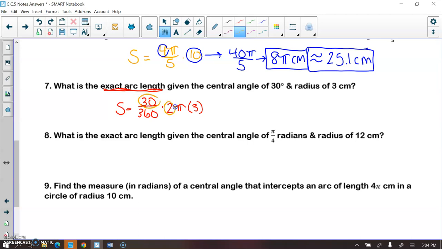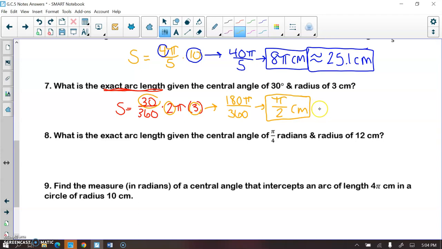Multiplying the 30 with the 2 and the 3, I get a 180 pi over 360, which both the numerator and denominator are divisible by 180. And so this reduces to pi over 2 centimeters. That is my arc length that asked for exact, so we just leave it just like that.